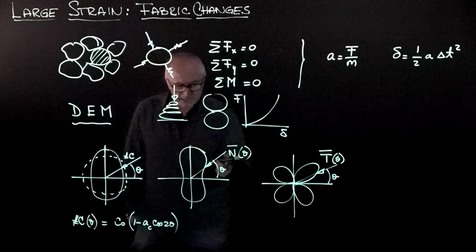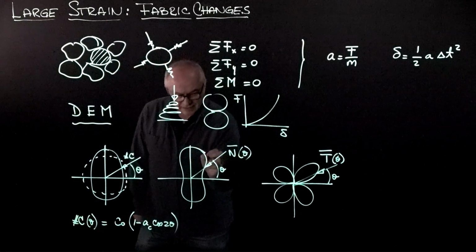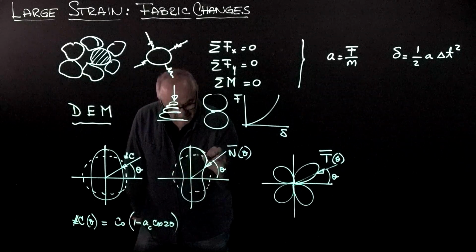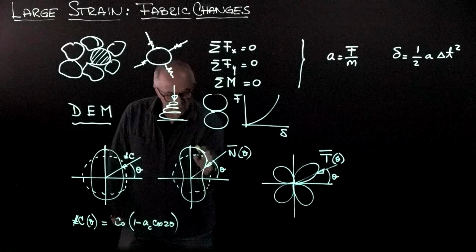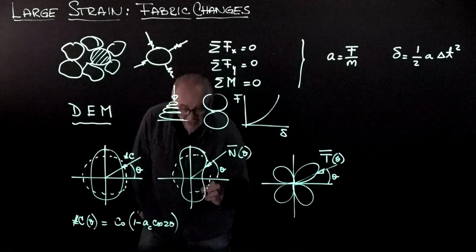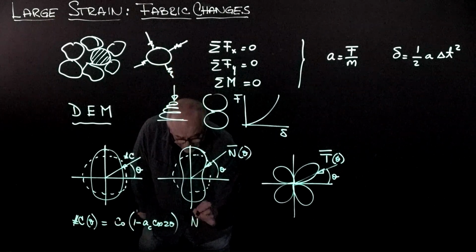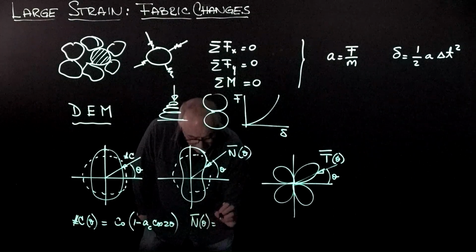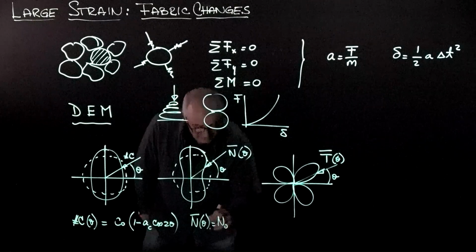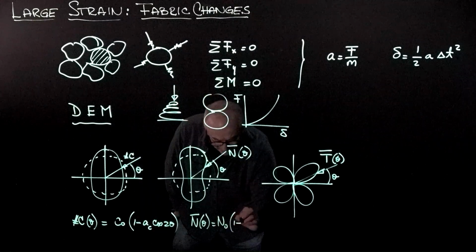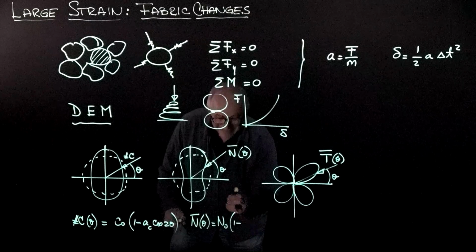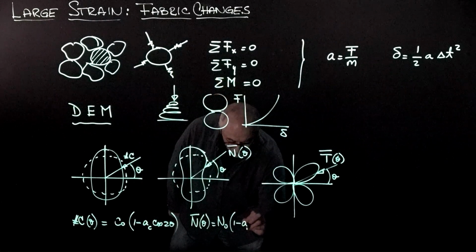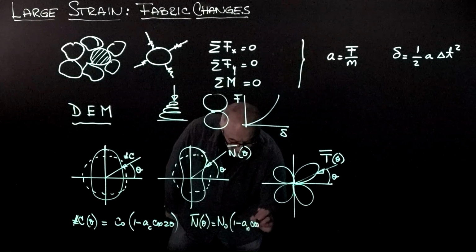I can do the same for the normal force. Imagine that there was a circle here, and once again there is a subtraction at 0, there is an addition at the top, and this means that the mean normal force in direction theta is equal to the mean value, which is the radius of the circle, times 1 minus the amplitude of that oscillation, the degree of anisotropy in normal forces, cosine 2 theta.